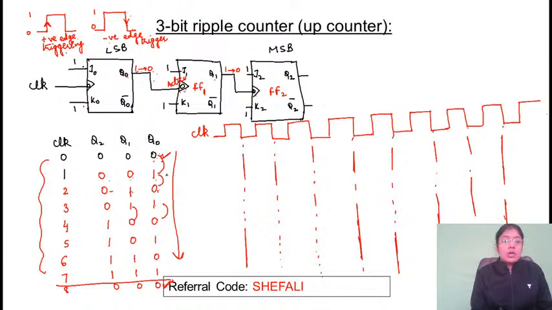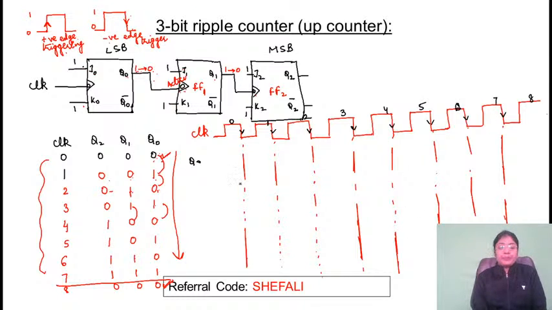For Q naught, if this is clock 0, this is clock 1, this is clock 2, this is 3, this is 4, 5, 6, 7, 8 and so on. So here this is the negative triggering, negative triggering, negative triggering and so on.